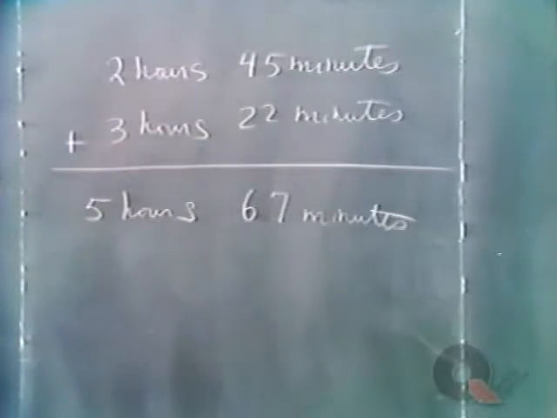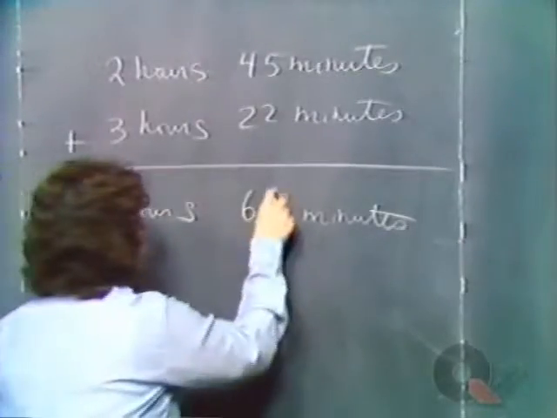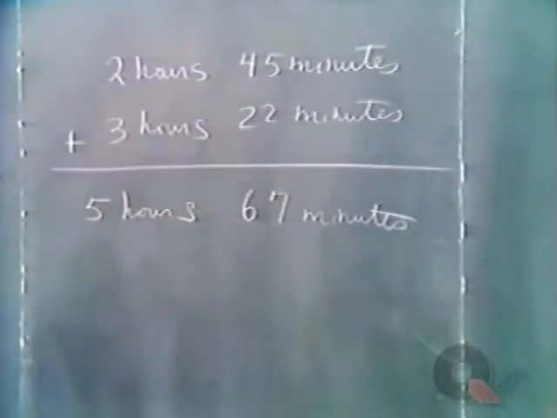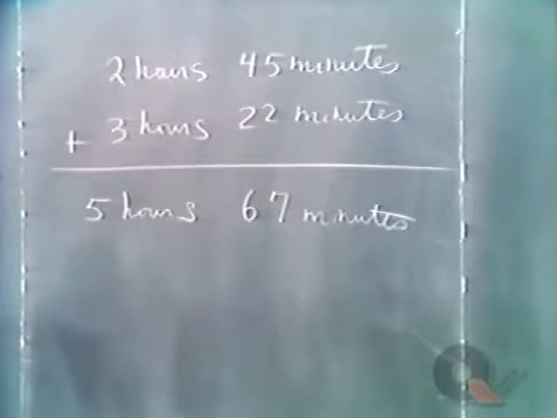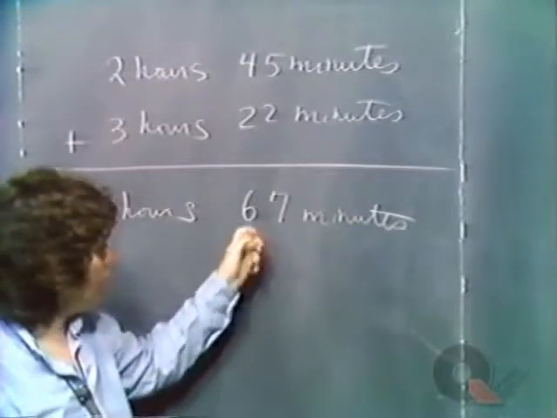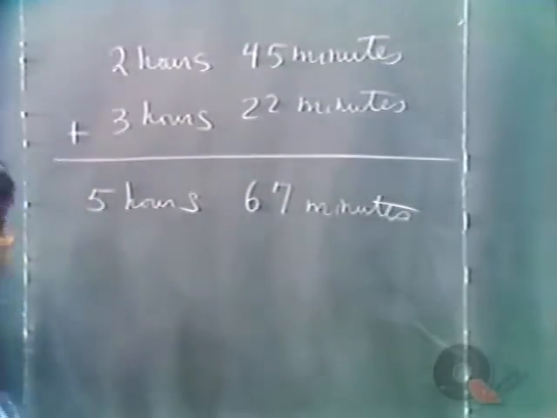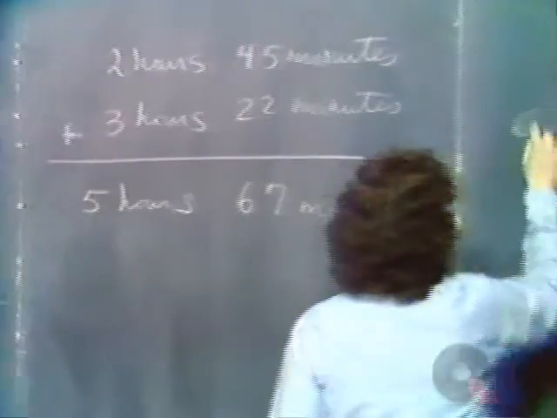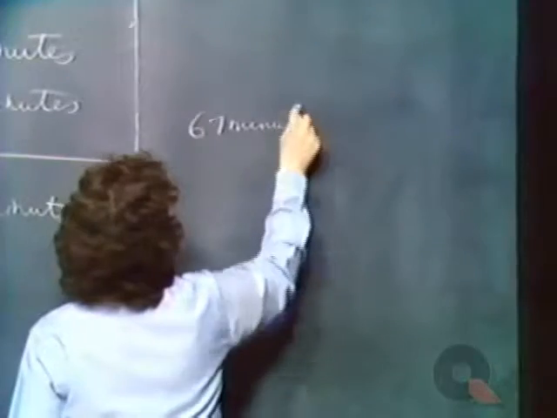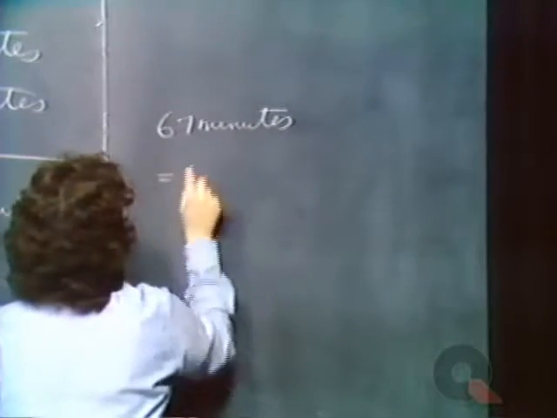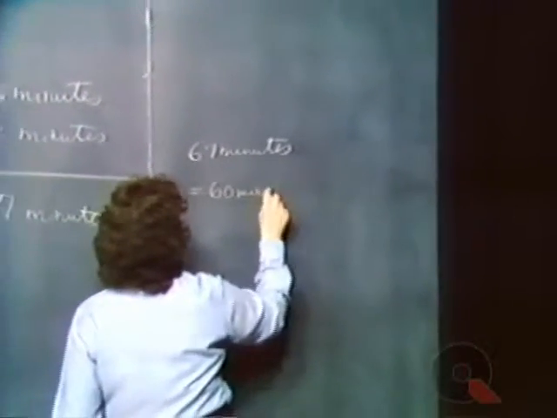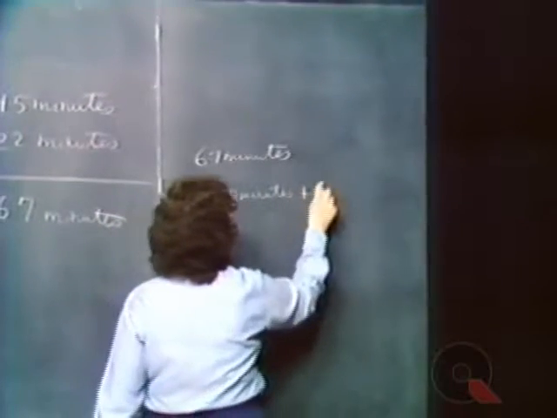However, this being a multiple choice question, don't be surprised if 5 hours, 67 minutes does not appear as one of the possible answers. That's because we can actually change 67 minutes. We can think of 67 minutes as being equal to 60 minutes plus 7 minutes.